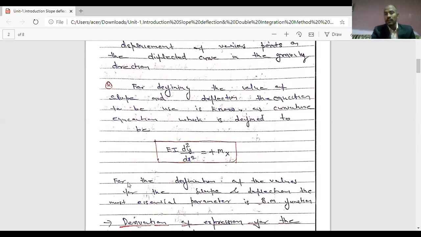For the definition of the values for the slope and deflection, the most essential parameter is the bending moment function. This parameter is important to find the slope and deflection, right? So the important parameter in this equation is Mx. Mx is bending moment, right?